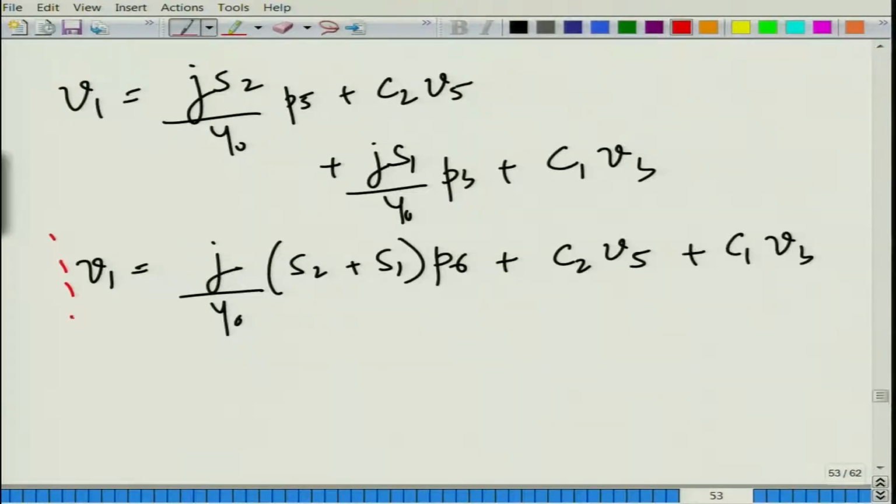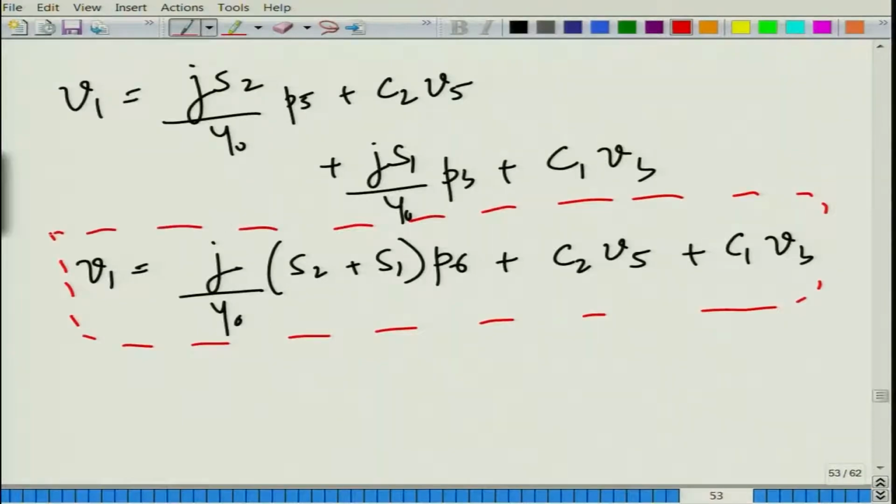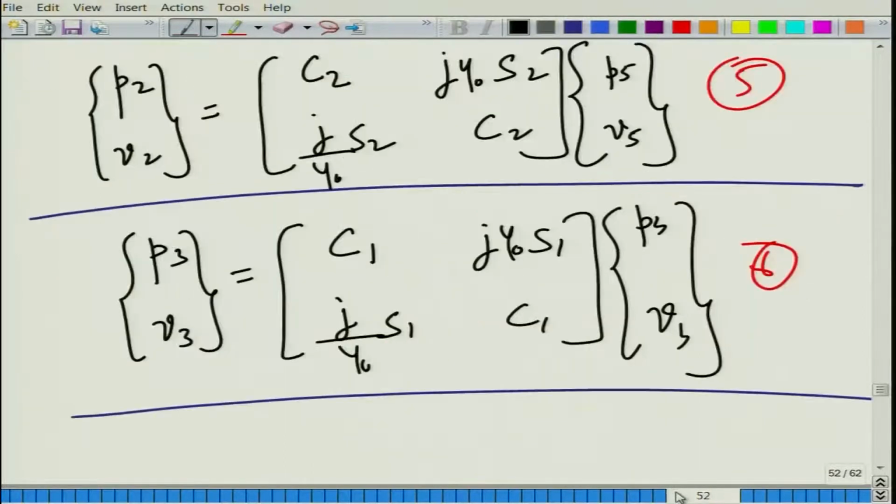Now, we have this kind of thing, I am making it a dashed box expression because this is not the final one. Okay.